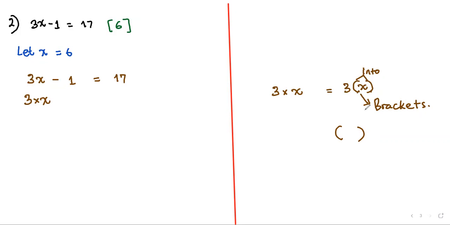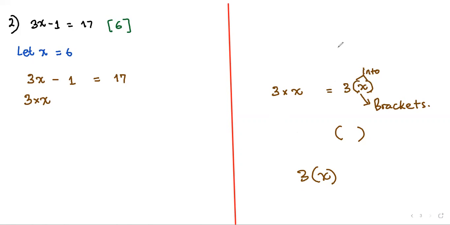The actual name is brackets, but when you are reading in math, you will say into. I cannot say 3 brackets x. I say 3 into x, or I will say 3 times x. 3 times x is the same as 3 into x.